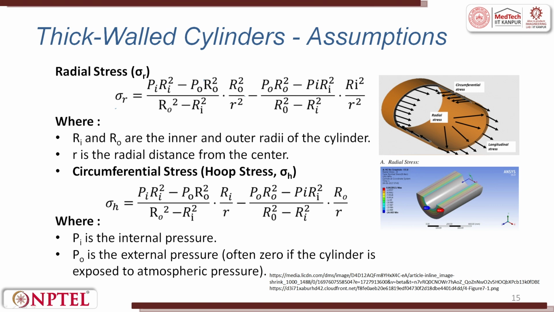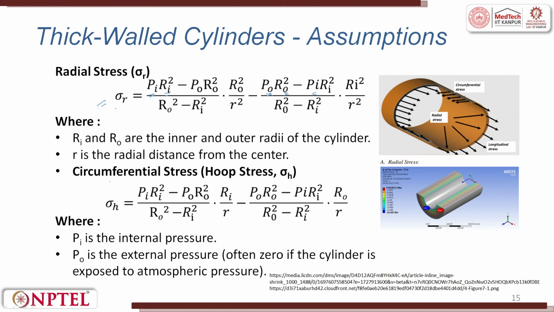That is the radius. You see the difference. This is Pi and Ri, this is P naught and R naught, into Ri square by R, where Ri and R naught are the inner and outer radius of a cylinder. R is the radial distance from the center. So, this is how we calculate the radial stress.